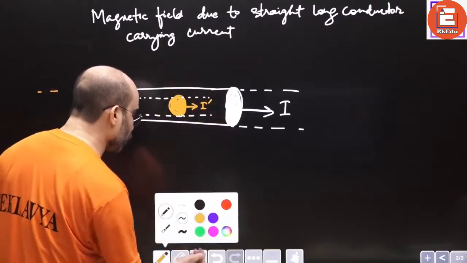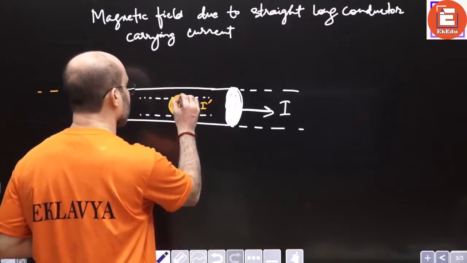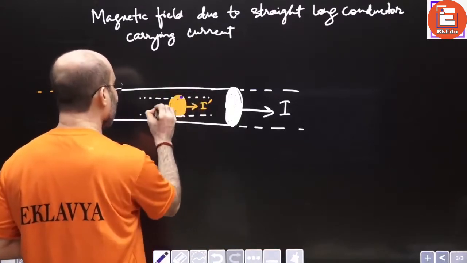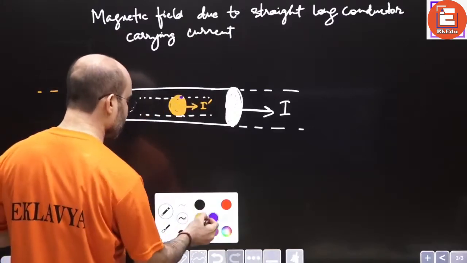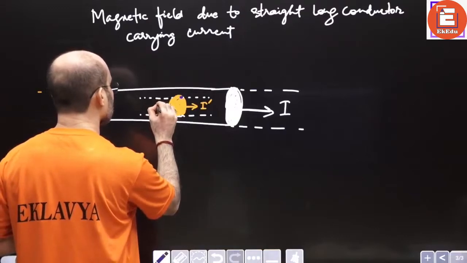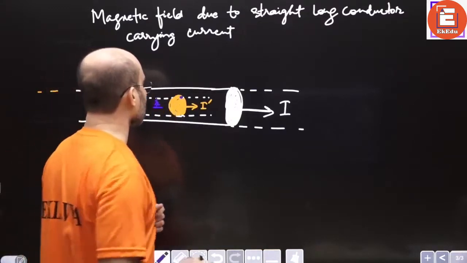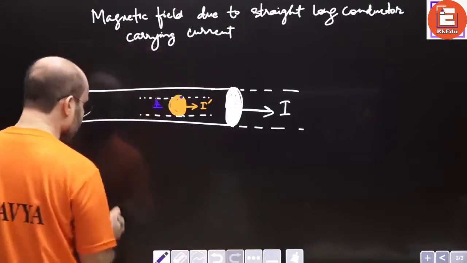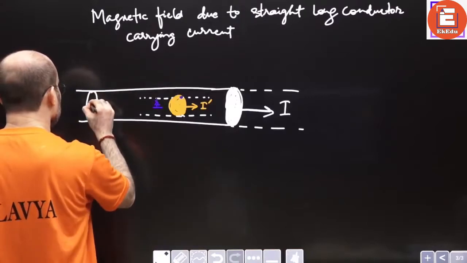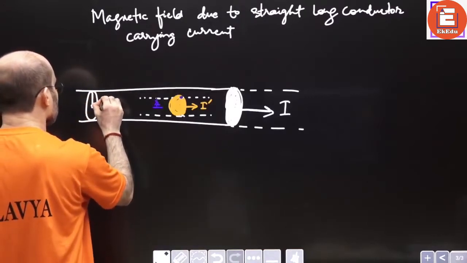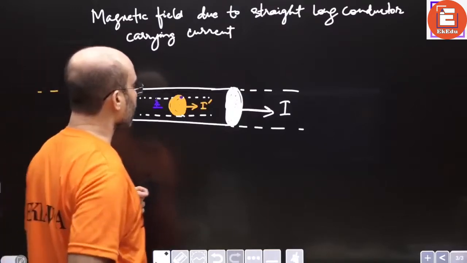So if you have to find out the magnetic field at this point, which is at distance r, having radius r, and this has radius a.